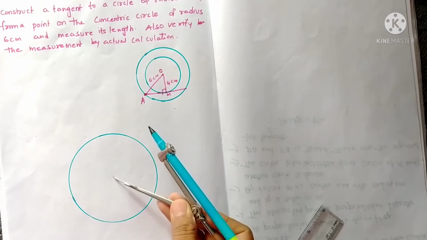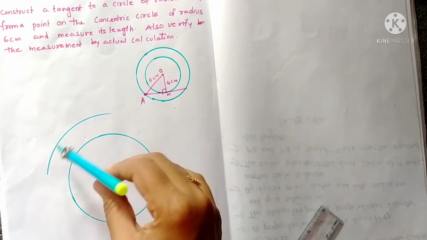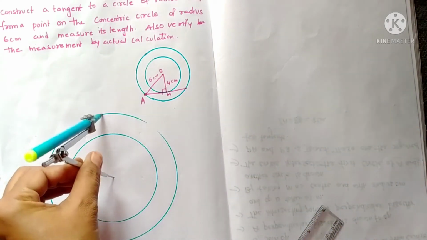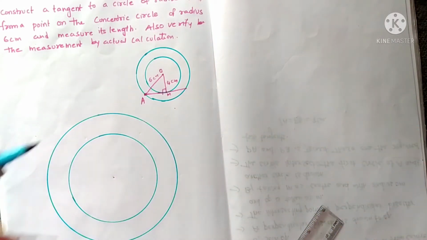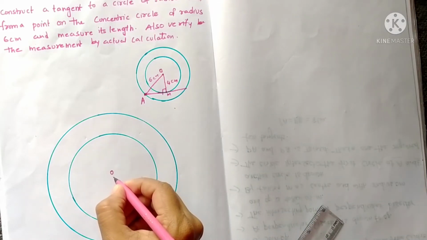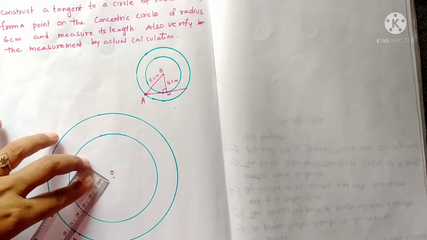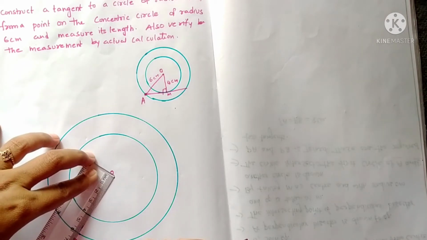Now from the same center, we have to draw this 6 centimeter circle also. So now this is the center of the circle O. Now take any point A on the big circle, which is the 6 centimeters radius circle. Let it be A. And now join O and A.